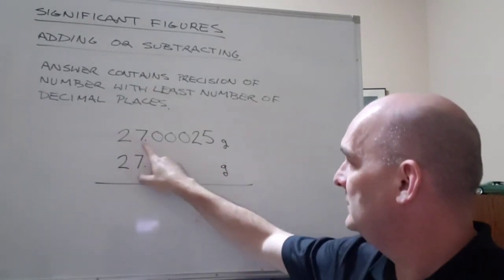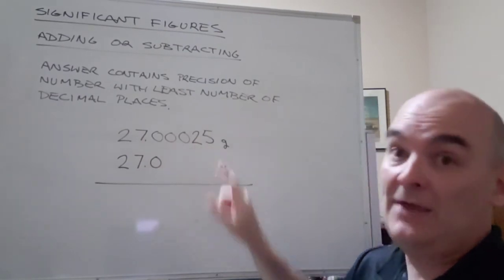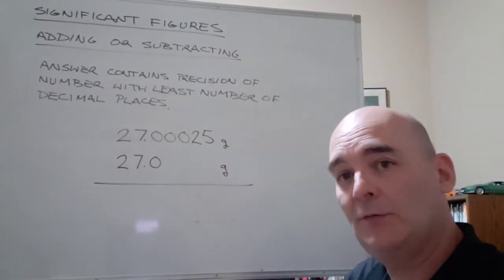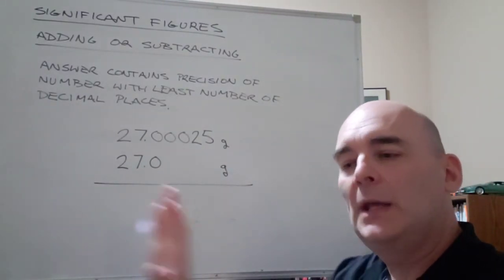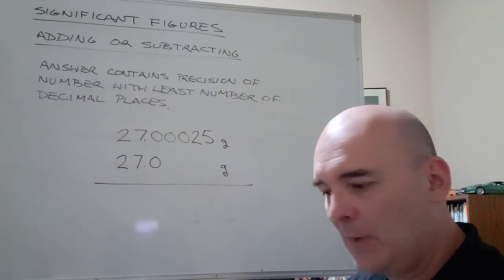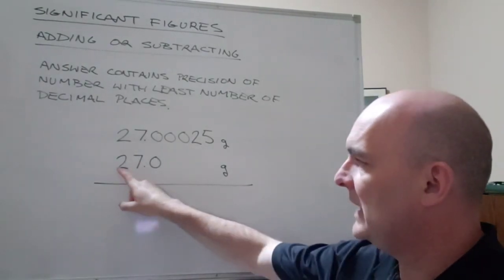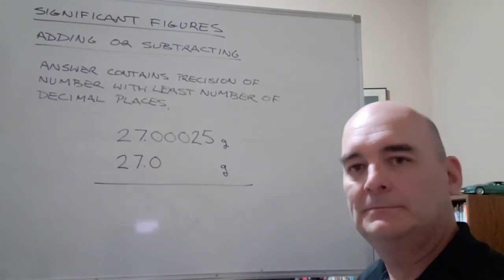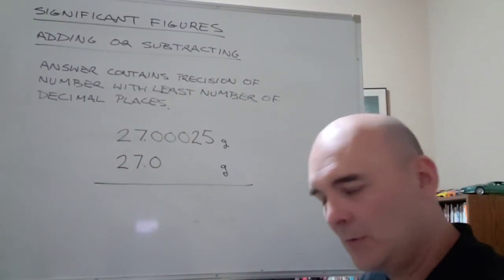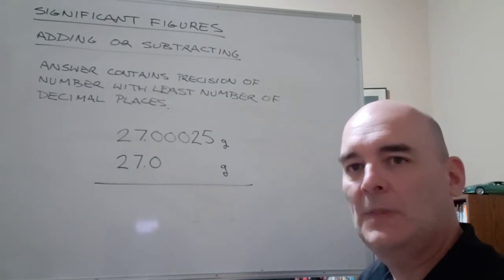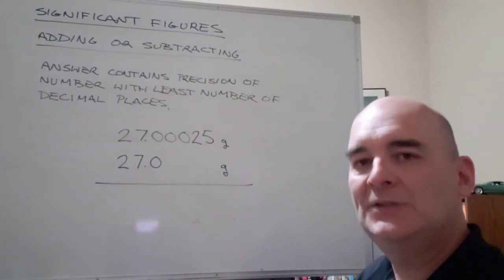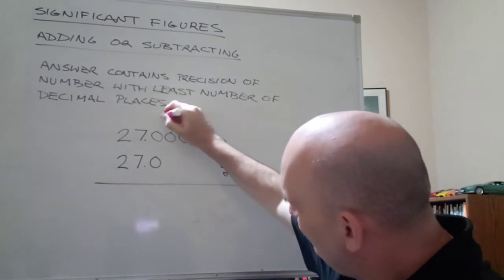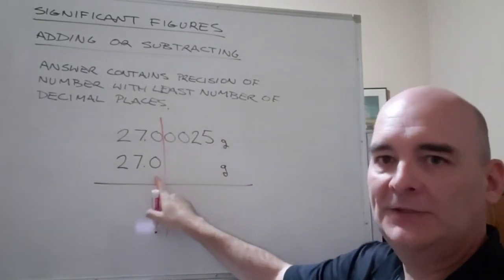So this is a 1, 2, 3, 4, 5, 6, 7. That's a 7 significant figure number. The other team went away. They used a different balance, perhaps, and they said that they had 27.0 grams. That was the mass of their block. So now when we add these numbers together, I have to set a limit.